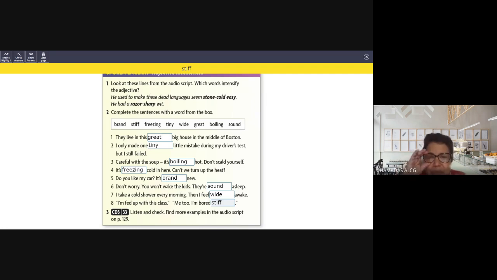It's when I'm not sleepy. I'm totally, completely awake. So if you take a cold shower in the morning, of course, you will feel wide awake. Okay? So you intensify the adjective awake with the word wide.